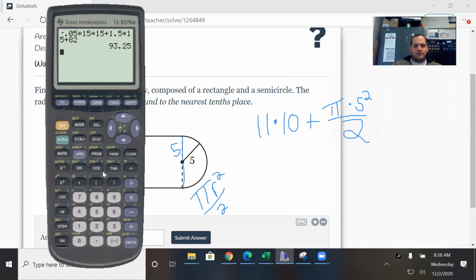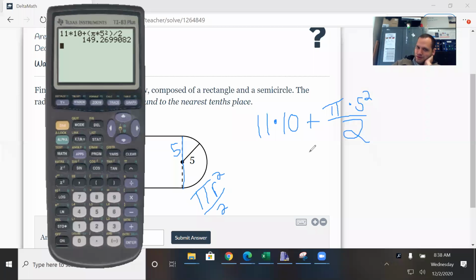I can show you what that would look like on a calculator. We have 11 times 10 plus pi times 5 squared divided by 2. That gives me 149.26. What would .26 round to? Round to 3.